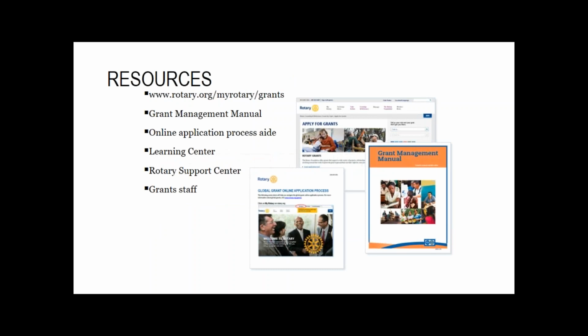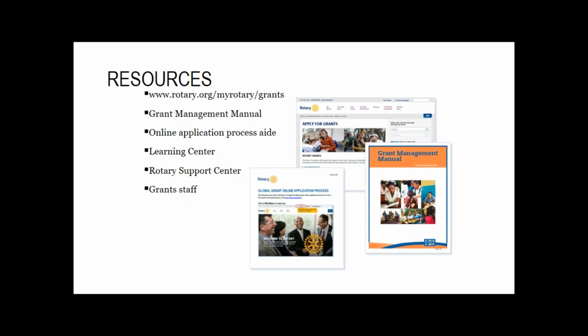Okay. Resources. Again, Michael said there's lots and lots of resources for you, and they're easy to find, right? It could be frustrating, but personally, I print it off and highlight what's important, stick it up on my bulletin board, and then I don't have to go back to this all the time. But I have to tell you that the Learning Center gives a lot of information.